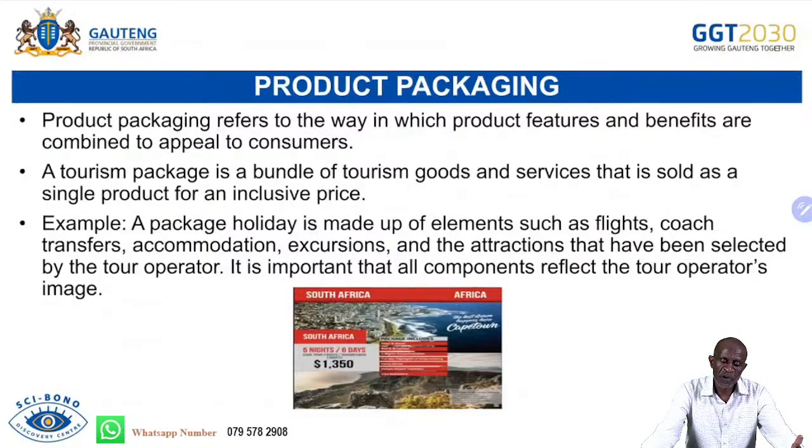So if you are booking in a hotel, the hotel itself may use a combination of other services such as a shuttle from the airport to the hotel. It may also combine other services from the other sectors in the tourism industry. Like if you stay in this hotel, you find that it's linked to a certain attraction whereby it becomes easier, and they market it as one product.